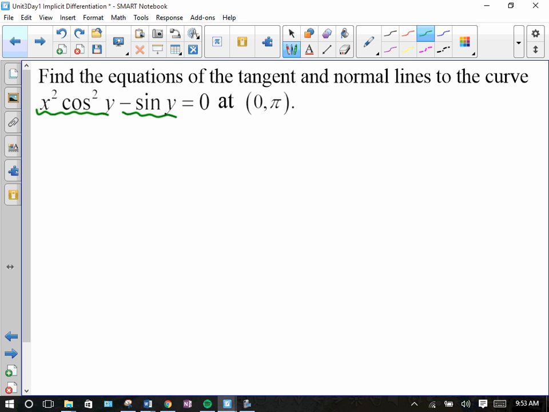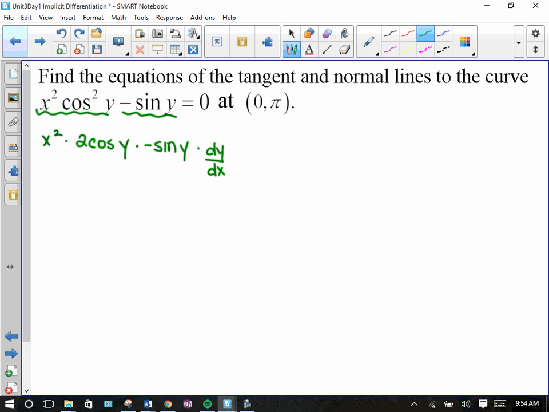It's going to be u, which is x squared, times dv. So we start from the outside: 2 cosine y times the derivative of cosine y, which is negative sine y, times the derivative of y, which is dy/dx.